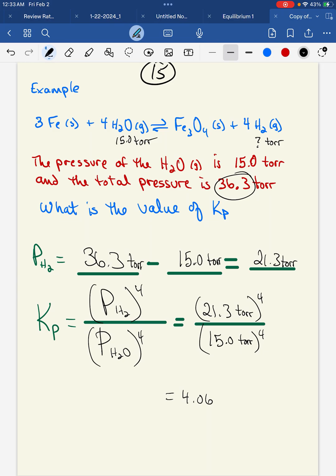Let me punch that in one more time just to be safe. Hmm. 4.065, 4.07. So that's an example of both kinds of problems.